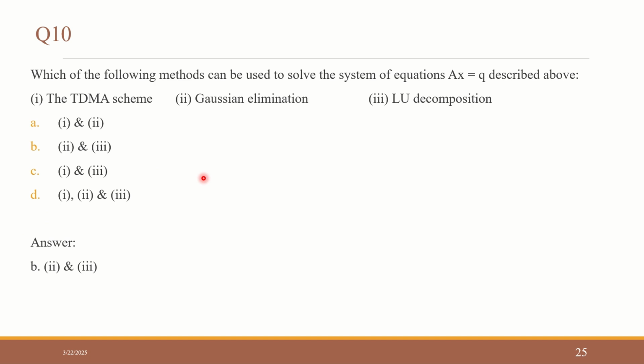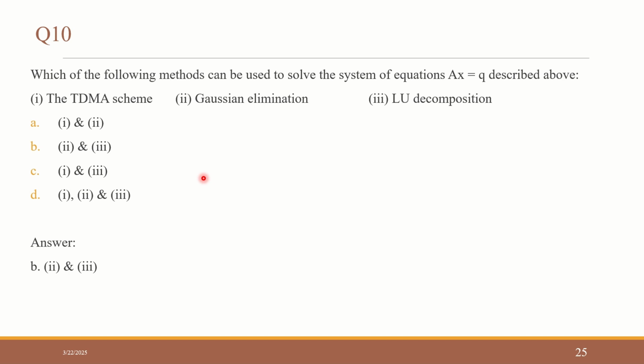We cannot use the tridiagonal matrix algorithm because the coefficient matrix A in Ax = Q did not have a tridiagonal format. We are not only concerned about the interior grid points, but also the points next to the boundary.